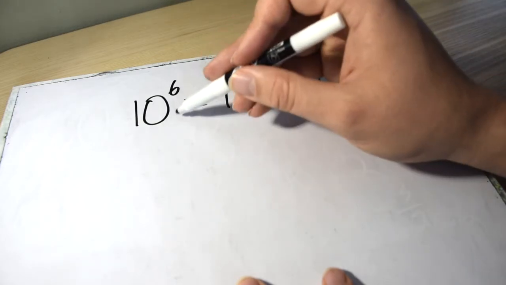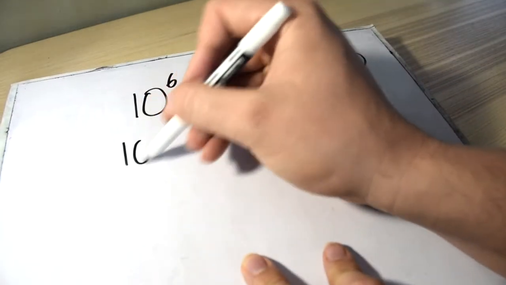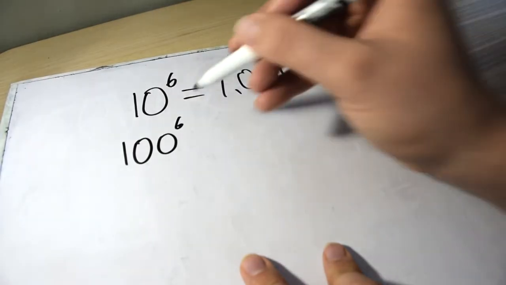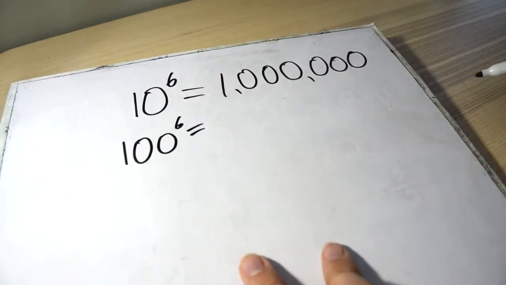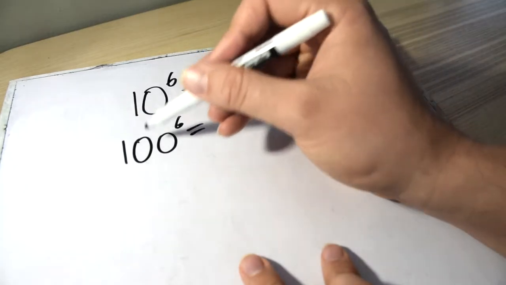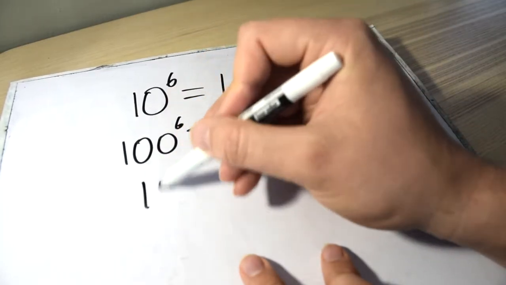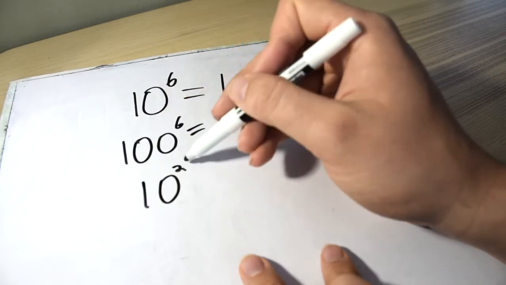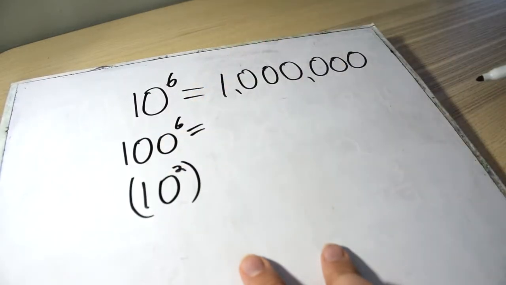That's with 10. Now the question that I asked was 100 to the 6. Well, what do we do on that? Well, this is kind of like 10 squared, right? 100 is like 10 squared.